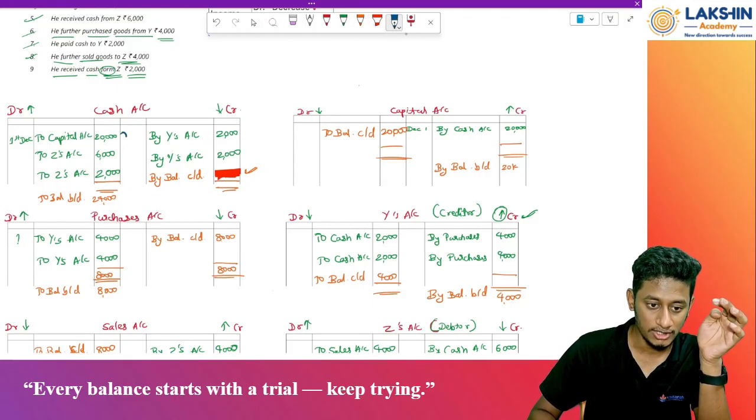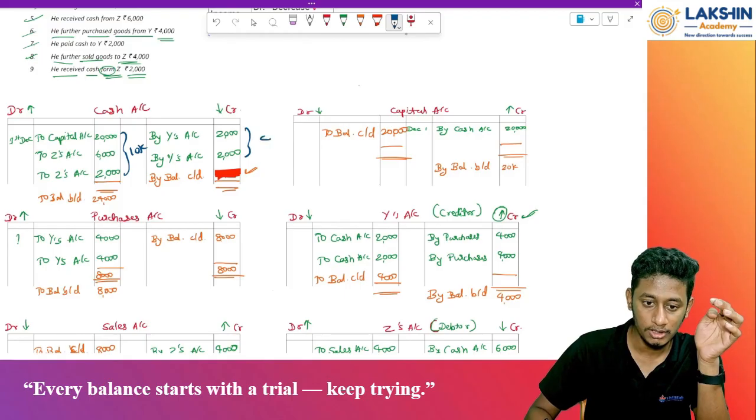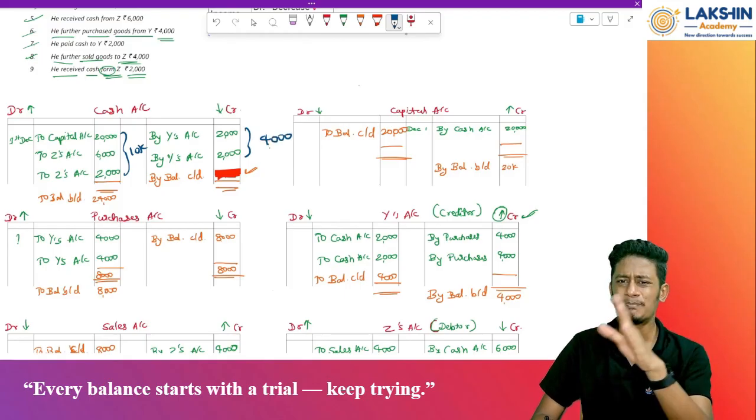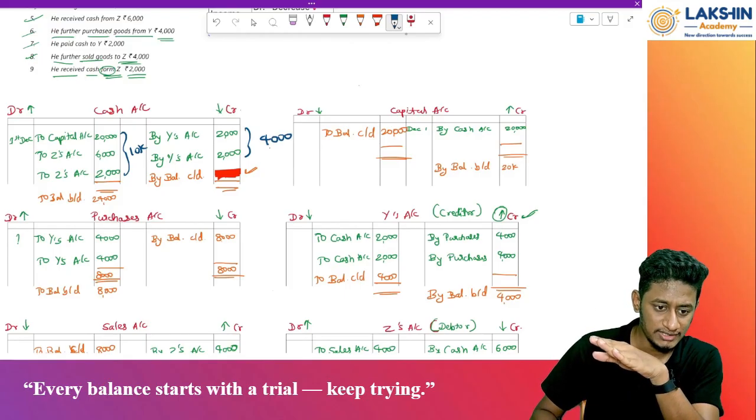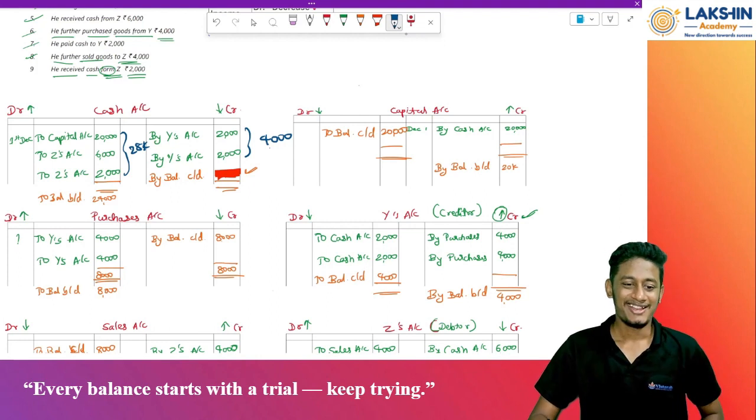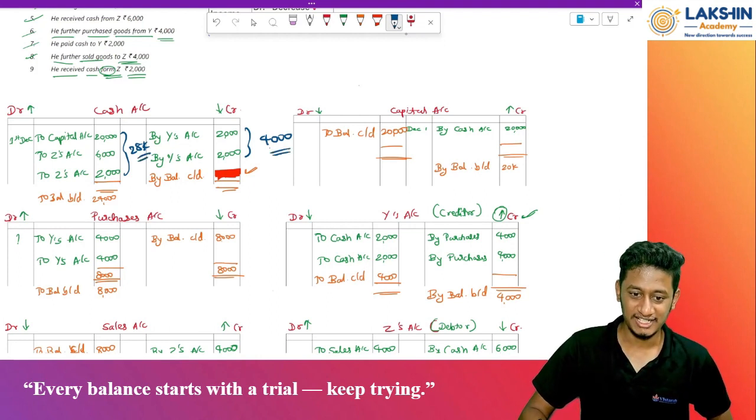On this side, 26 plus 2, 28. Sorry, same mistake. On this side it is 28k. On this side it is 4,000.